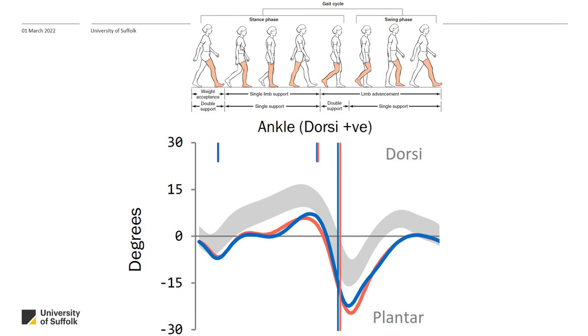So as the body moves forward over that stance limb, we produce this first small dip here into plantar flexion, so the ankle becomes more extended, and then very quickly it moves into dorsiflexion.